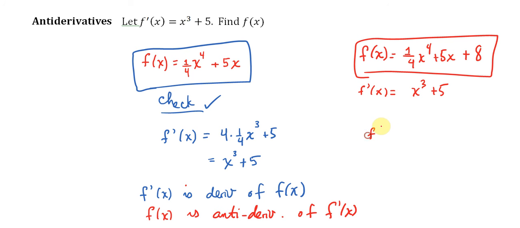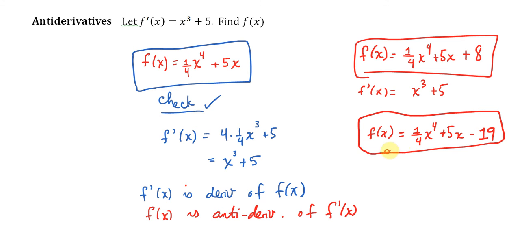And you can kind of see here, well, let me beat this idea down to the ground. Here's another possible choice: 1/4 x to the fourth plus 5x plus or minus 19. That also works as a solution, right? So you can see that with antiderivatives, they are not unique.